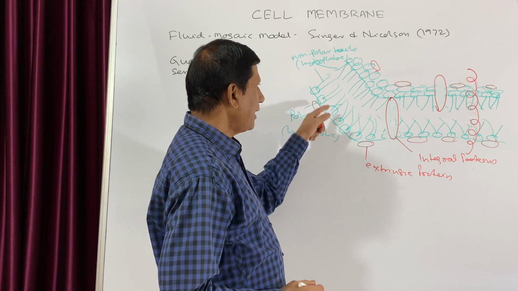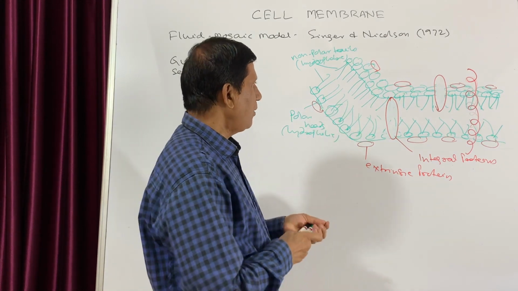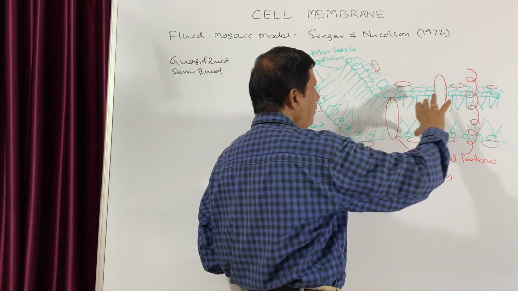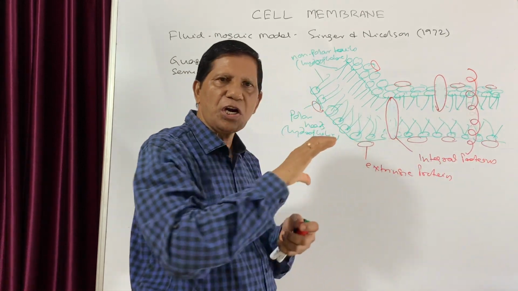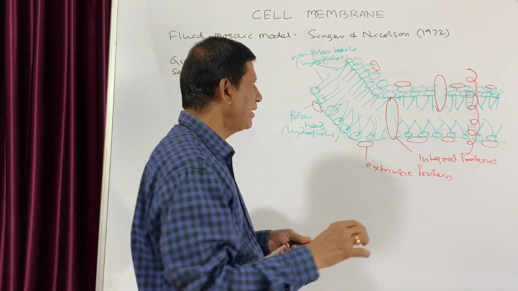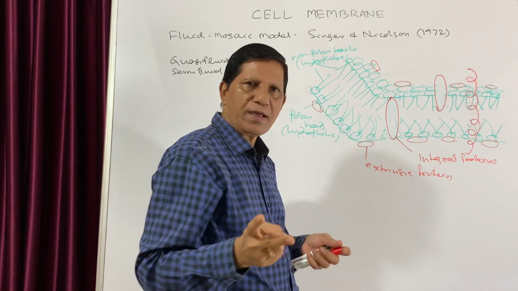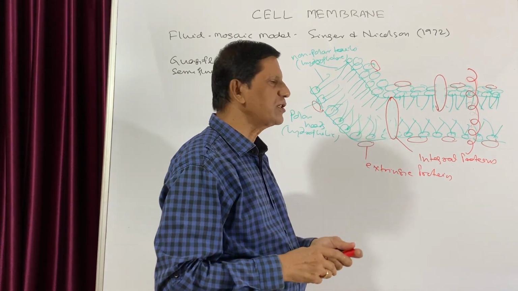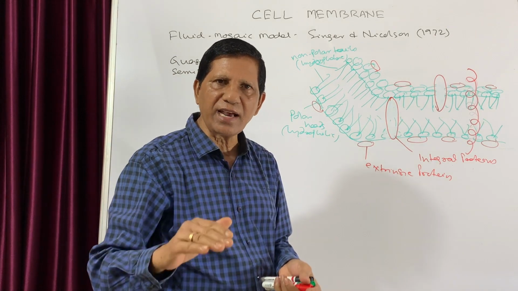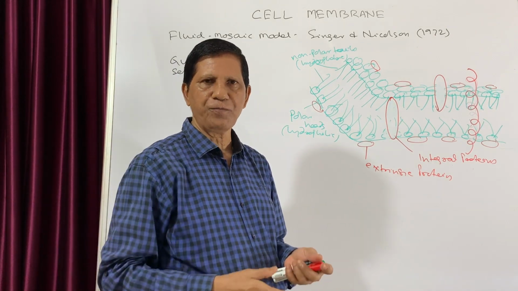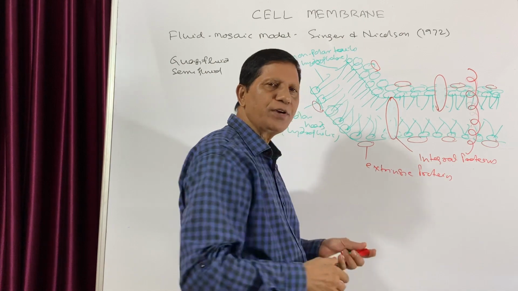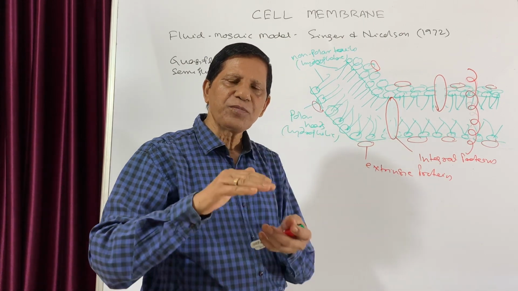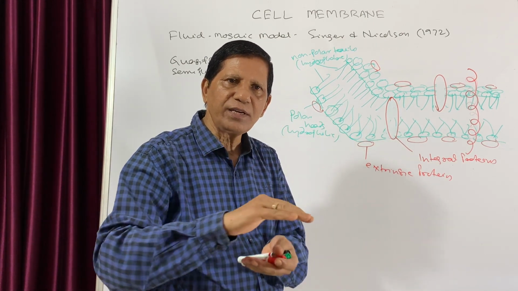So now you mark one thing. The bilayer of lipids is continuous, while the proteins, which are of two types, integral proteins or extrinsic proteins, are present here and there in a mosaic manner. So the whole thing appears as if icebergs are floating in a sea of water.